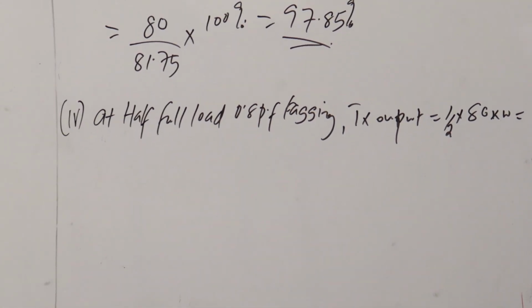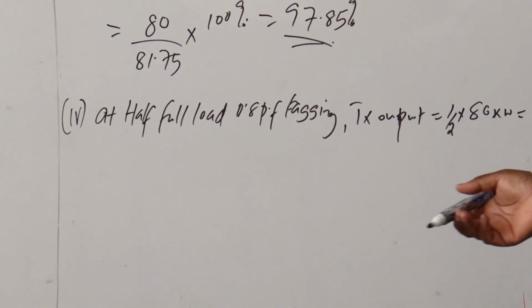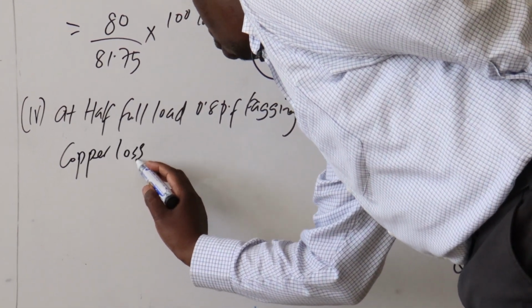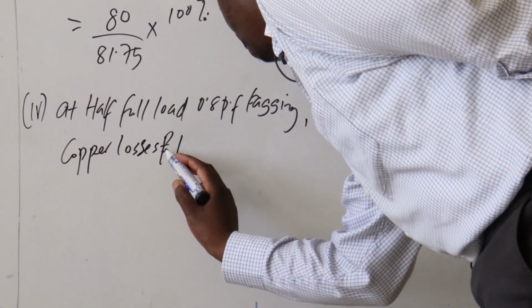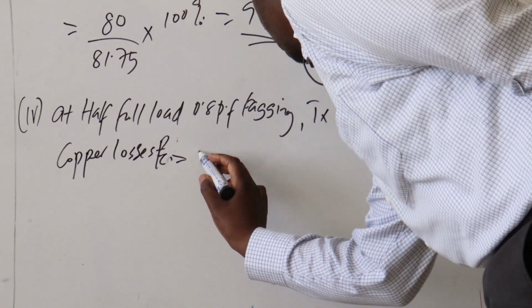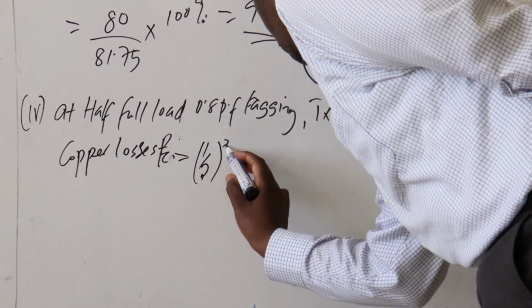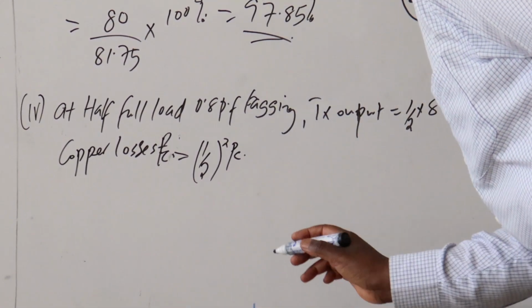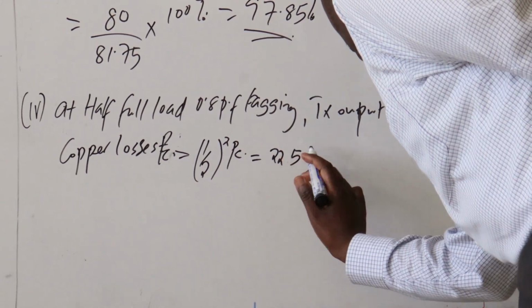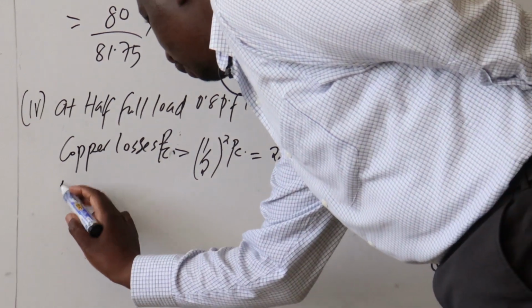Since we had determined the copper losses at half full load, copper losses PC is supposed to give us a half squared PC at full load, which is also 225 watts. Iron losses are constant.